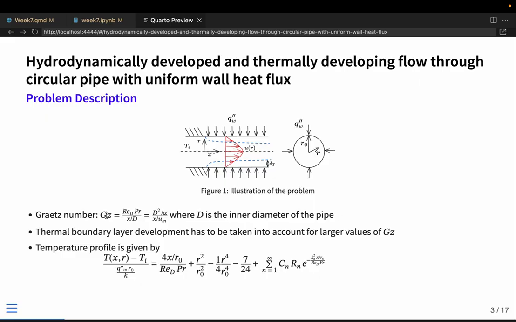If this number is very high, then the thermal boundary layer development has to be taken into account. Only when this value is close to 1 or less than 1, or on the order of 1 to say 10, can we assume it is fully developed. Otherwise, we have to consider the thermally developing flow and use the corresponding correlation for the Nusselt number.